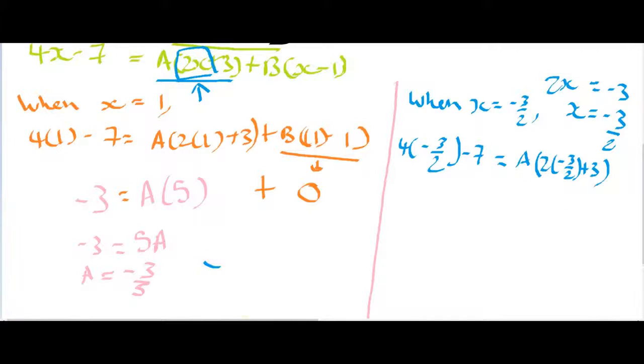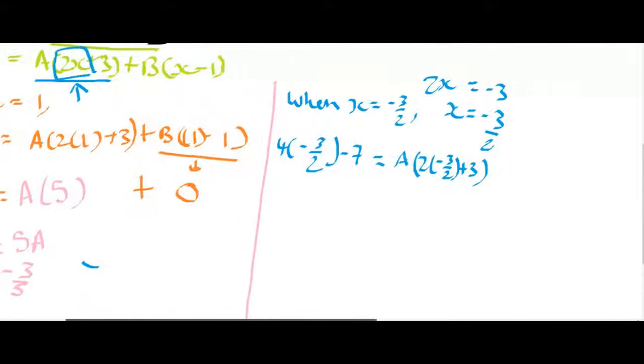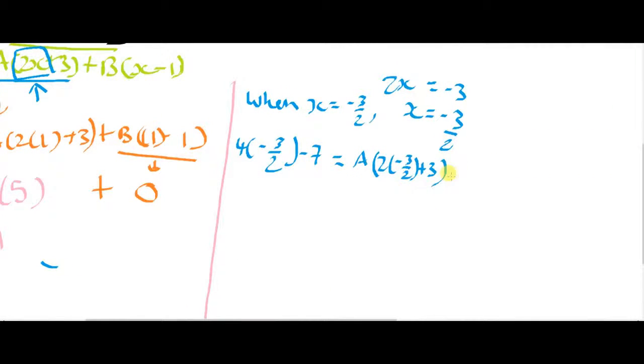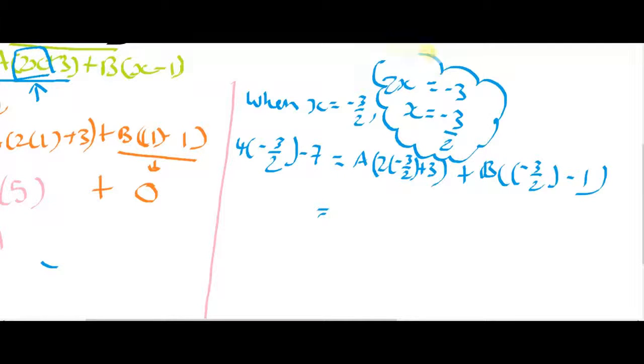So what's next? You want to sub it again, B(minus 3 over 2 minus 1). Now you see the magic. This was my rough work, to see what is the x value that makes it minus 3.